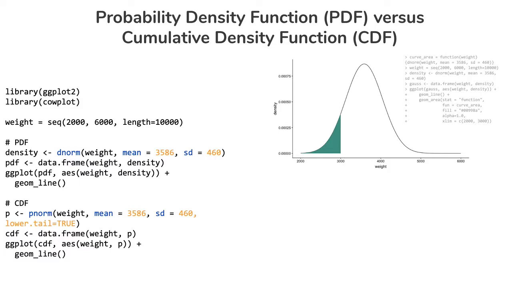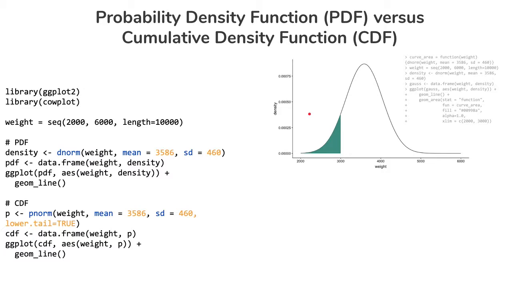Let's say I'm looking up the probability of a newborn being born at 3,000 grams. We know that the probability of that is something between 0.00025 and 0.0050.